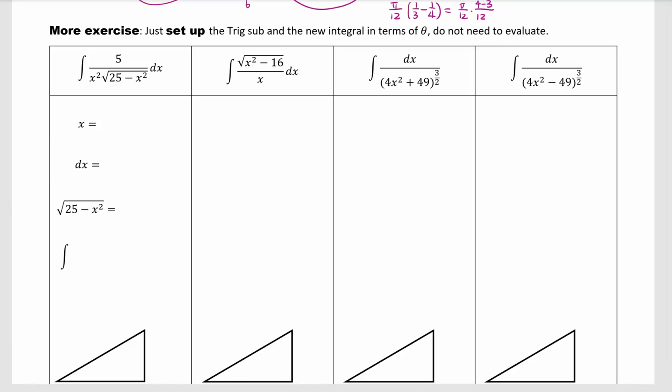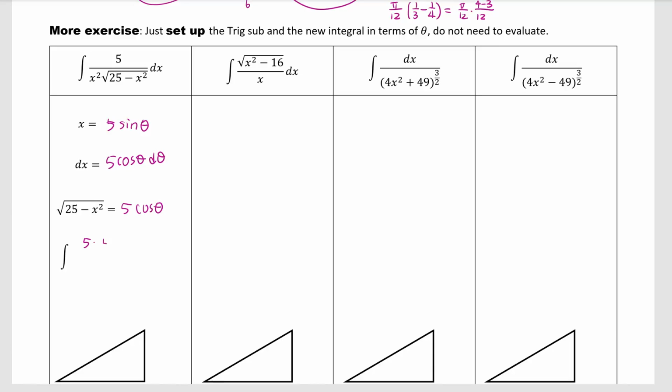Tangent, sine, secant, which one? Sine, right? x is 5 sine theta. Then what's dx? Well, 5 cosine theta d theta. Who's the family member, the wife of sine? Cosine.